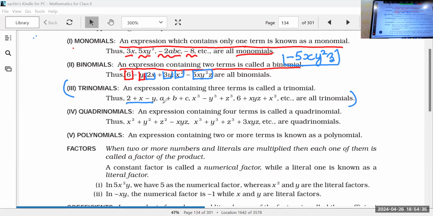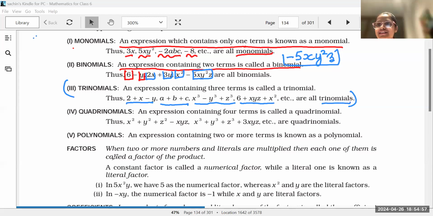Read the next one. Mahuri, next one. She got disconnected. A plus b plus c, trinomial. X cube minus y cube plus z cube, trinomial. 6 plus xyz plus x square, trinomial.